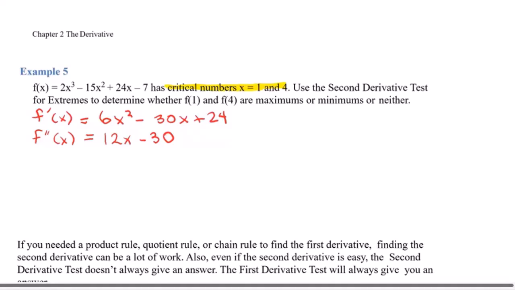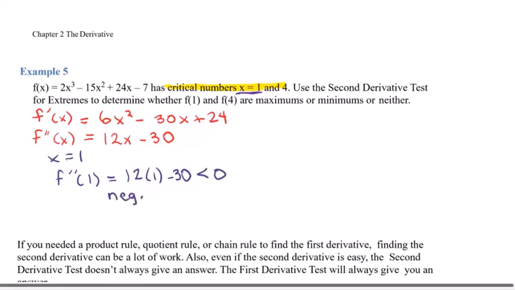First, we want to plug in when x equals 1, because that's our first critical value. When x equals 1, let's say f double prime of 1 is equal to 12 times 1 minus 30. I don't really care what 12 times 1 minus 30 is, but what I do care is that it's less than 0, so it's negative.